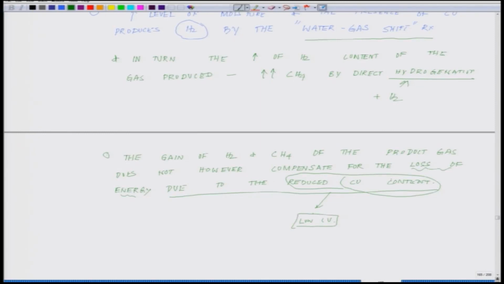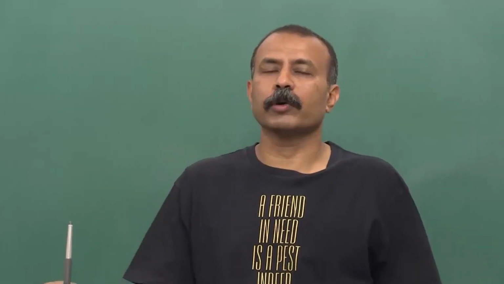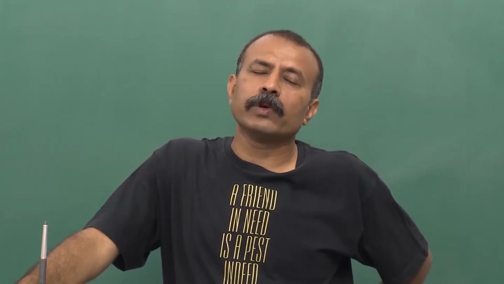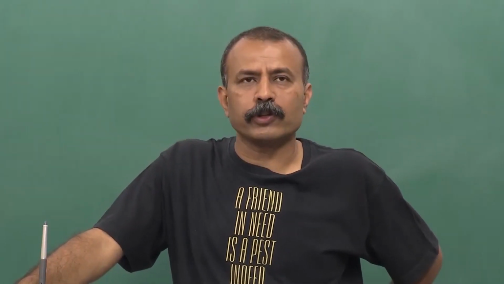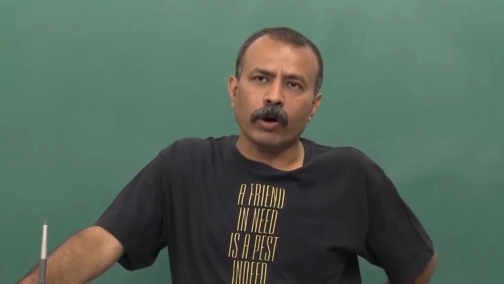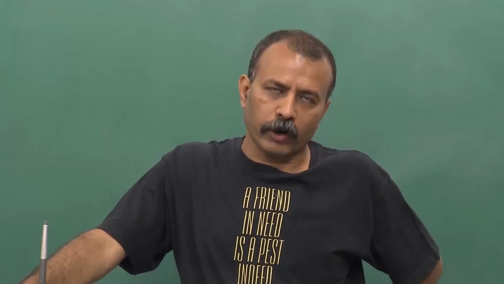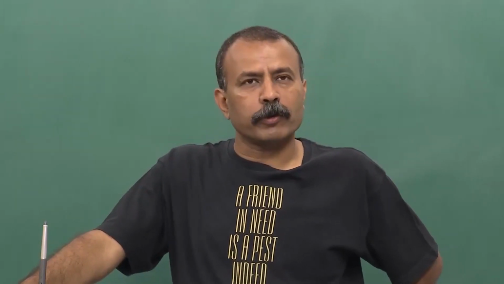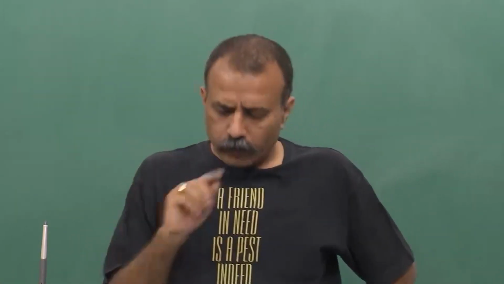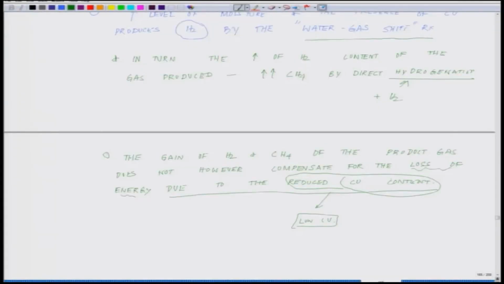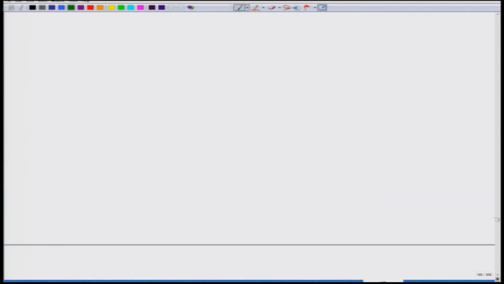So, you realize if you follow the basic reactions, all those four reactions we talked about, you can actually predict in which direction the reaction is going to move, what the stoichiometry will be, how you can compensate, and what will be the calorific value of the product you will be getting. So, the next aspect we are about to add is the ash content, or the mineral content.